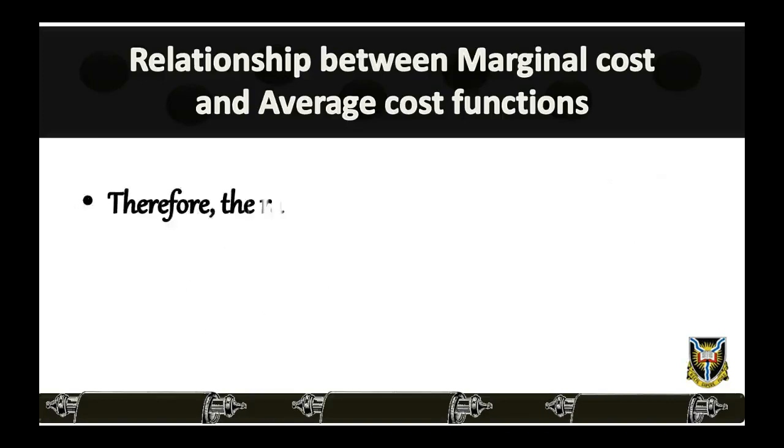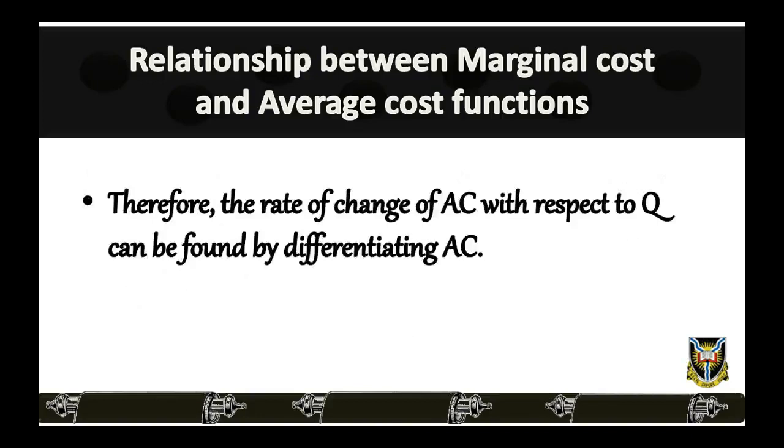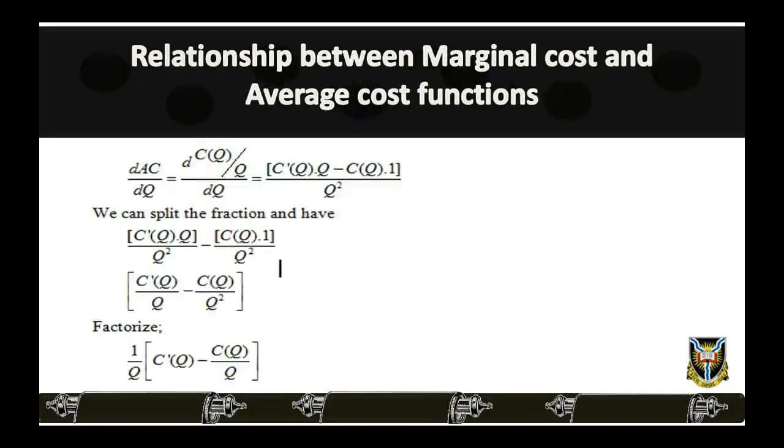Therefore, the rate of change of AC with respect to Q can be found by differentiating AC. dAC/dQ equals d(C(Q)/Q)/dQ, which equals [C'(Q) times Q minus C(Q) times 1] divided by Q^2.